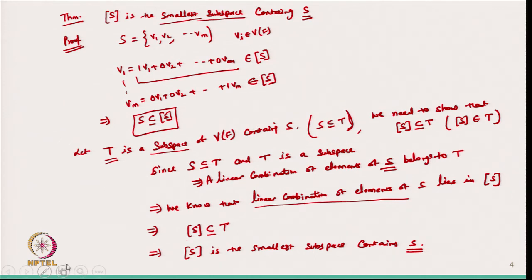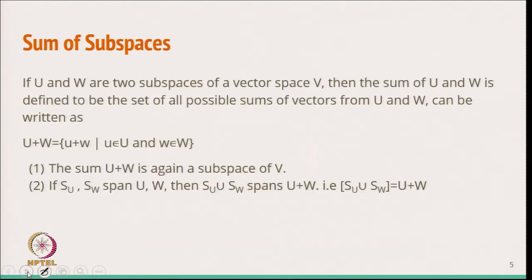Now, after doing all these things, we know that in a vector space I can have a large number of subspaces. So, I want to discuss what is going to happen if I add two subspaces.